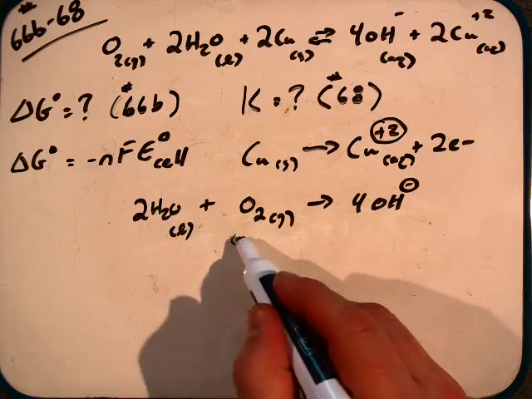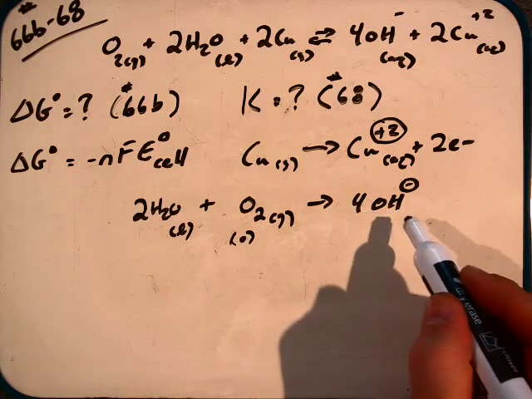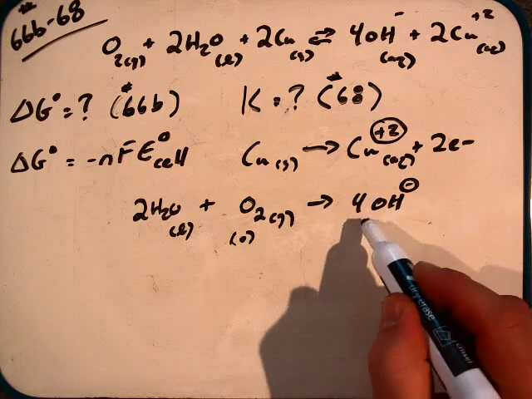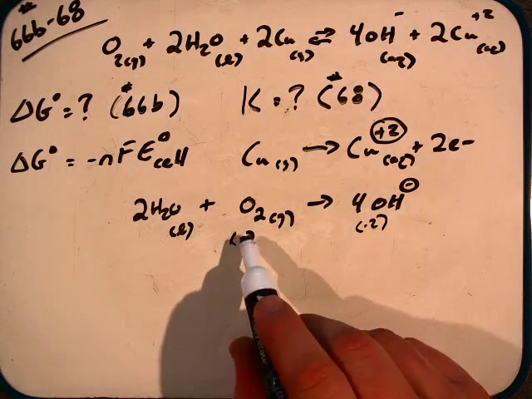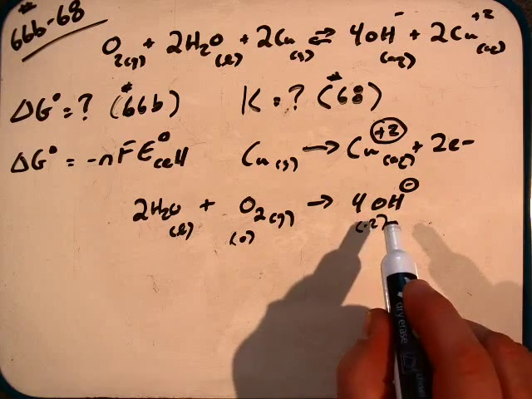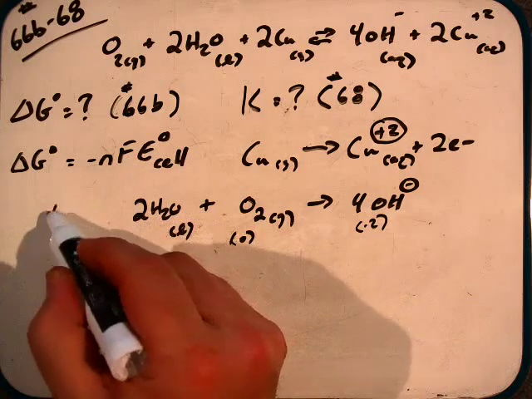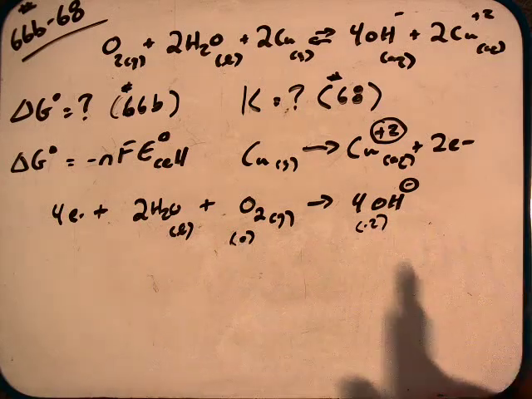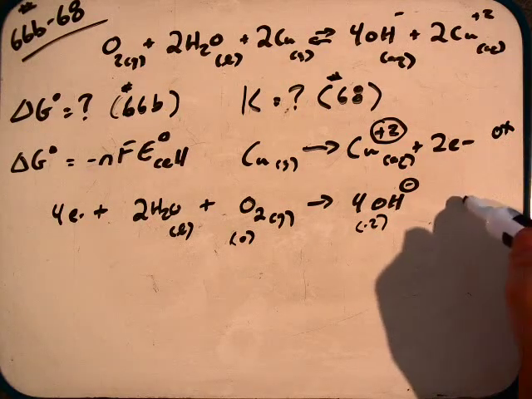The oxygen is going from a 0 oxidation number in O2 to a negative 2 oxidation state over on the right. And since each oxygen gains 2 electrons in that process, we would have to have 4 electrons plus 2 waters plus oxygen gives us 4 hydroxides. So there is our half reaction for oxidation.